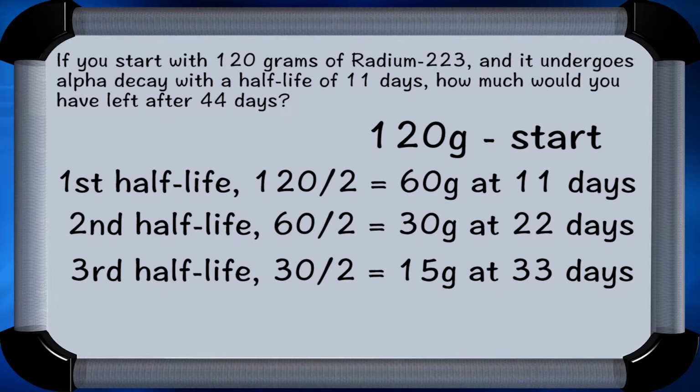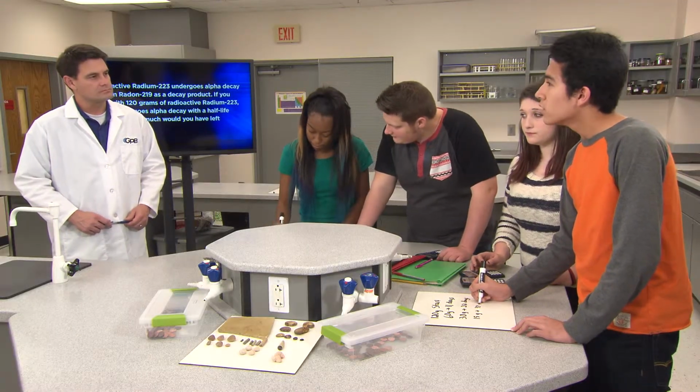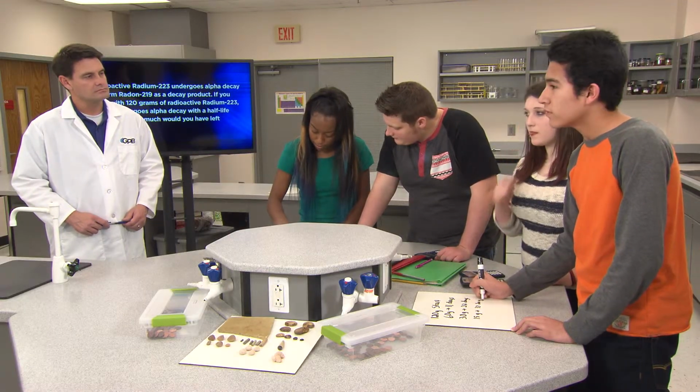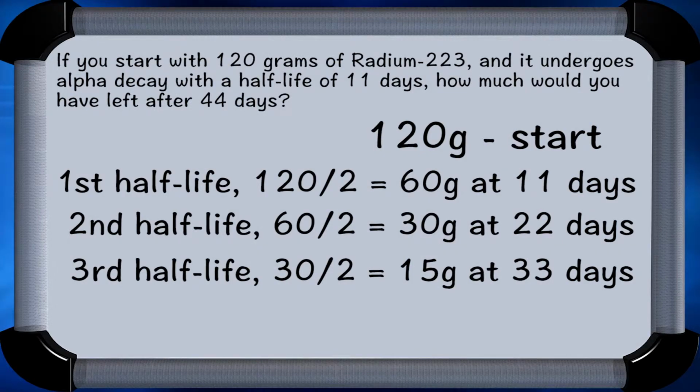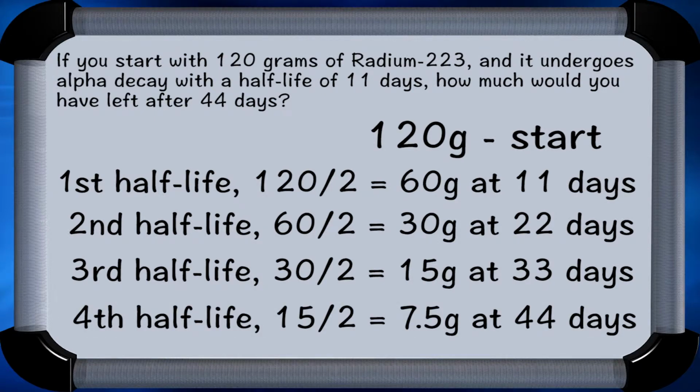Well, 3 half-lives is 33 days for radium-223. We're trying to figure out how much we have left after 44 days, which is 11 more days. So we need one more half-life. Okay, splitting 15 grams in half again gives us a total of 7.5 grams, and that's 44 days, which is 4 half-lives.